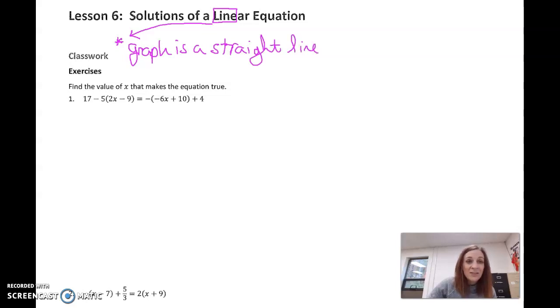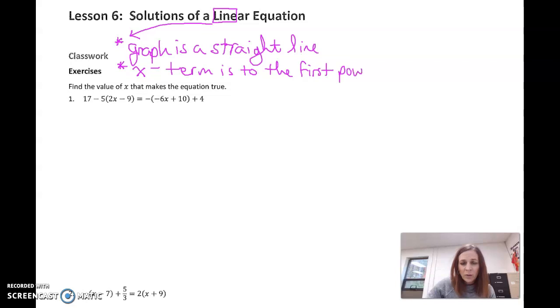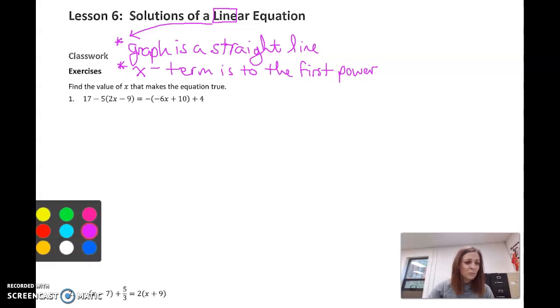And the second thing, if you're just looking at the equation, not looking at a graph, the x term or the variable term, I'm just going to say x term, but I mean any variable term, is to the first power. Okay, so when we're talking about solutions to linear equations, a linear equation is this type of thing. If we were to graph it like we will, it'll be a straight line. All the variable terms are going to be to the first power.